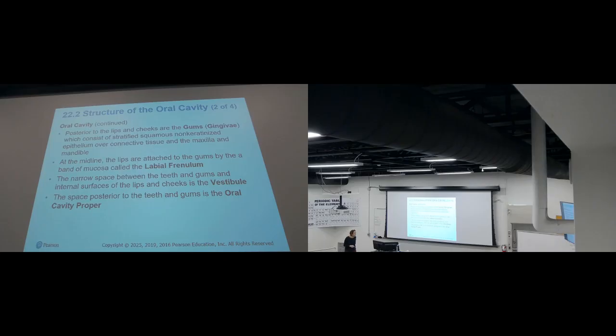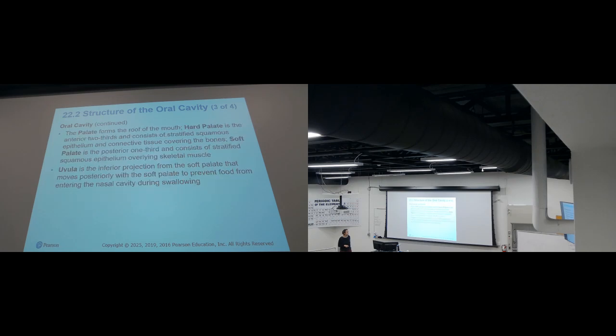Okay? And now, the space again between the lips and the cheeks is called the vestibule. While the space between the teeth, where we have the tongue, is called the oral cavity proper. And then again, the palate is formed by bones from the maxilla and the palatine.